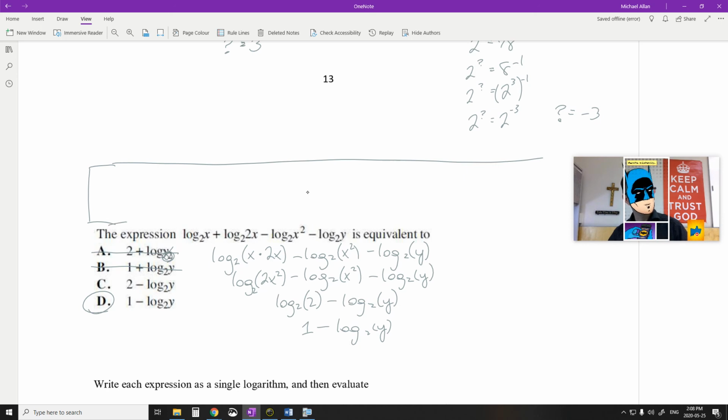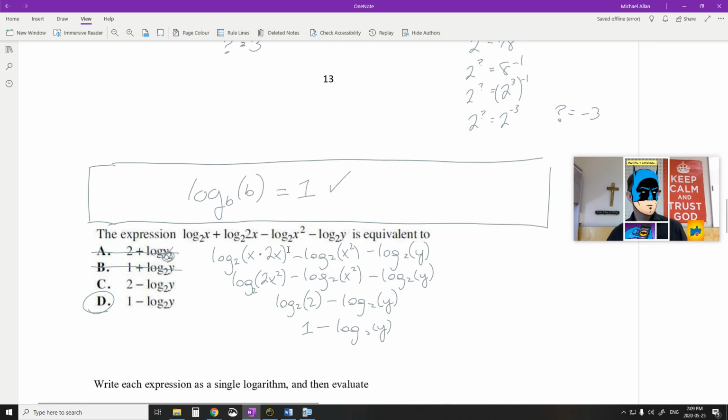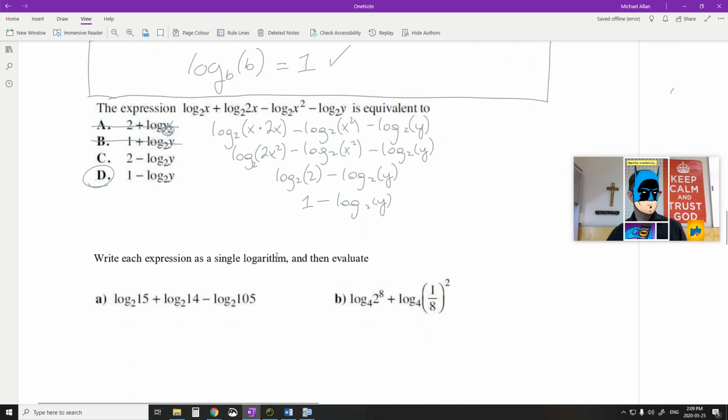Might be useful for some questions in the future. Log base b of b is always equal to 1. All right, that's super important. Okay, we'll come back to that.